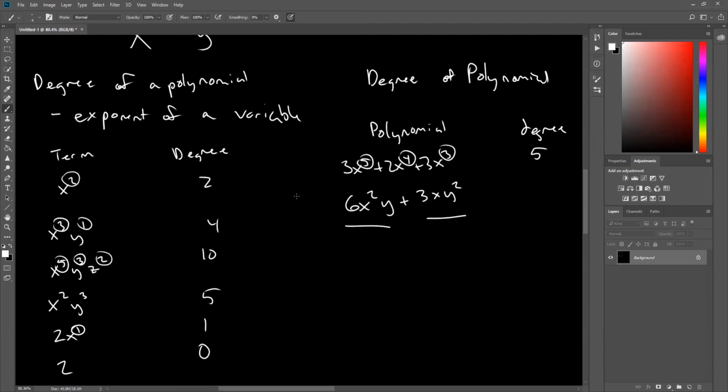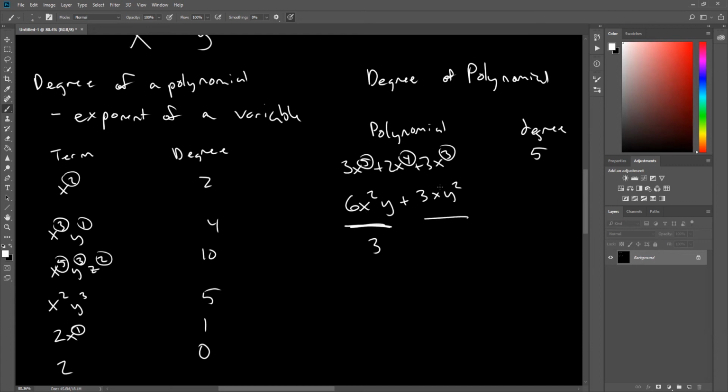What would this one be? It would be 4. Not really. So what's the degree of 6x squared y? 3. What's the degree of 3xy squared? 2.